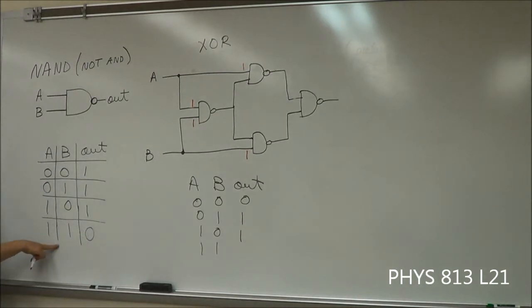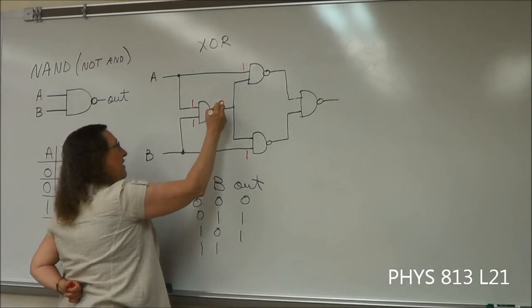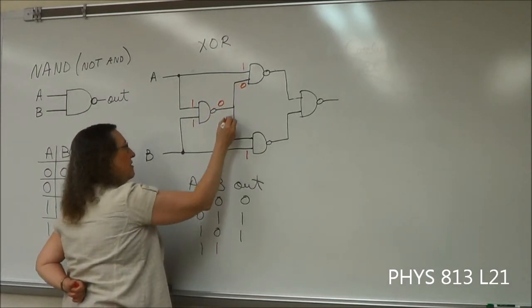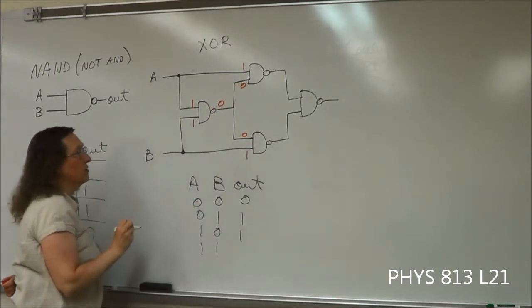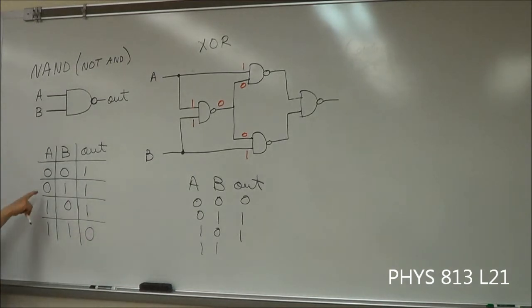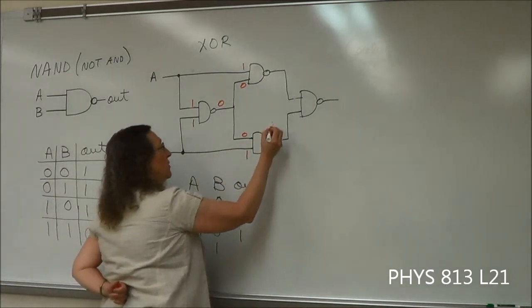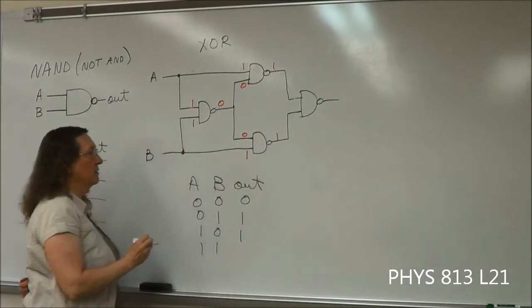So if we look here, 1 and 1 gives us a 0. That 0 goes up here, that 0 goes down here. Now we have a 1 and a 0 and a 0 and a 1. As I said, it doesn't matter which you have, one of each. The result is a 1. So we have 1 there and 1 there.